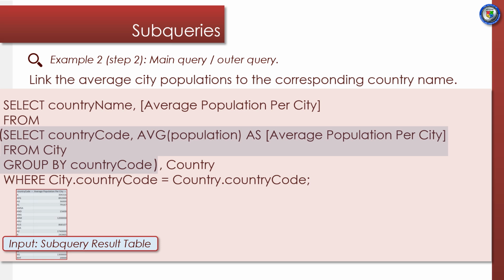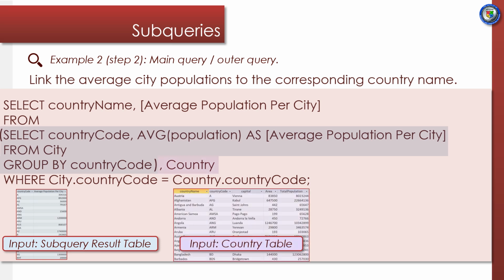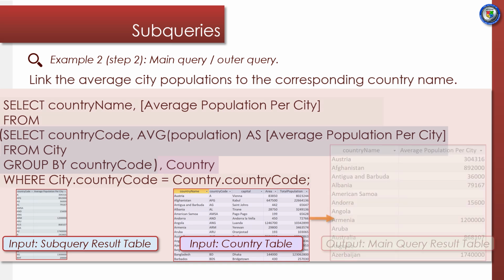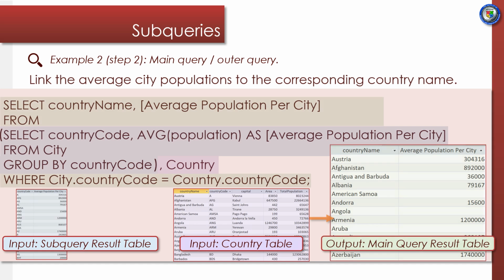We can see that we are also going to add to our main query the country table as an input also. So we're going to take that table, and our main query will output results of the country name and the average population of all its cities.